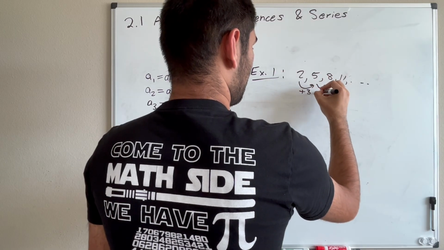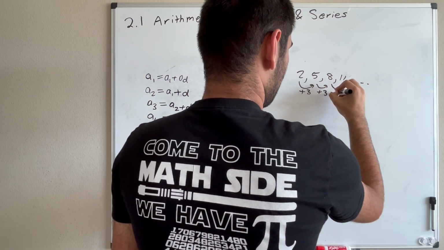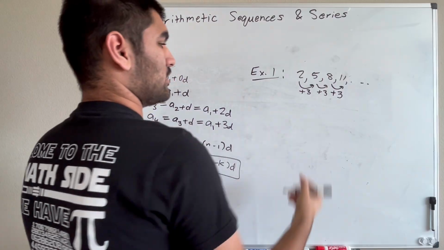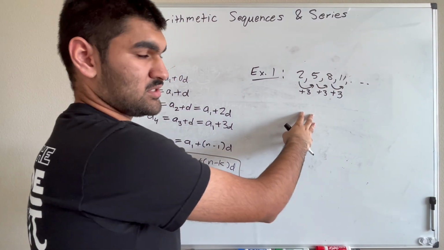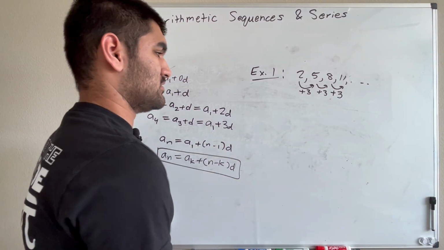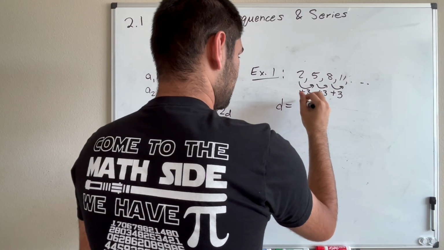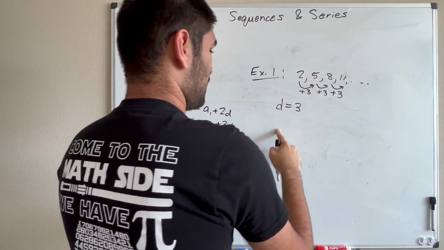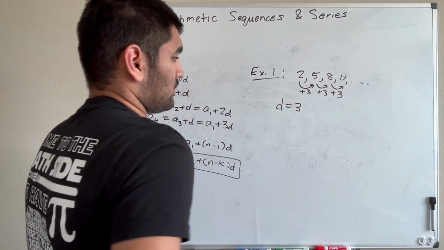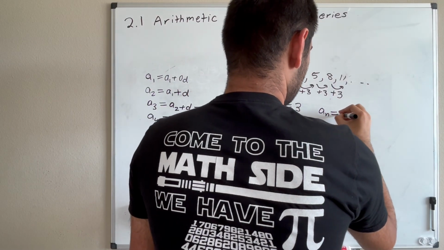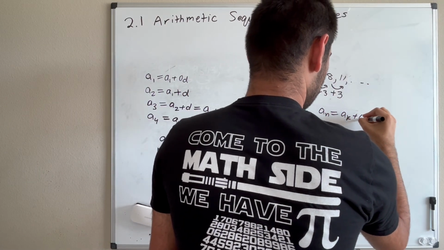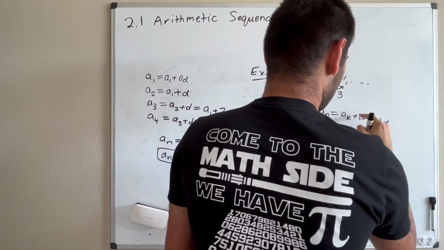From 5 to 8, you add 3. And from 8 to 11, you also add 3. So we can be pretty confident this is arithmetic because the common difference is constant every single time. So our common difference in this case is 3. And if we write down the formula, we have an is equal to ak plus n minus k times d.